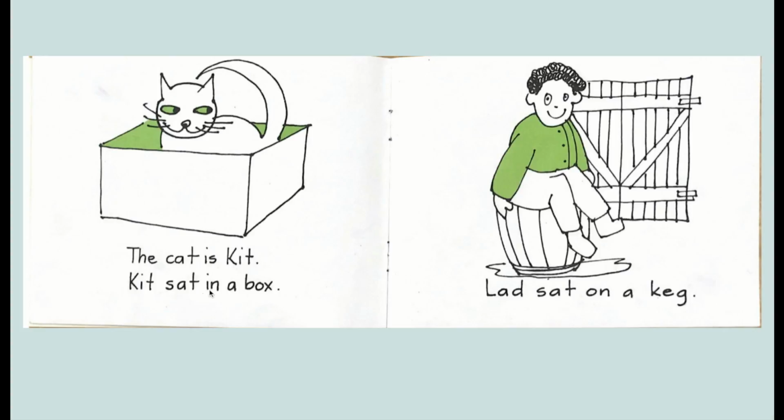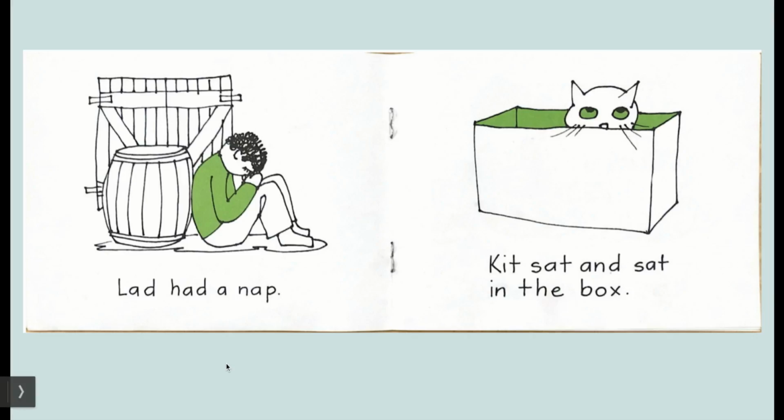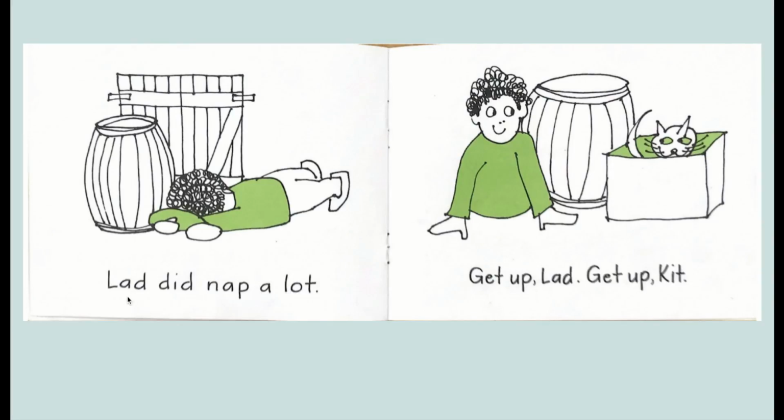Kit sat in a box. Lad sat on a keg. Lad had a nap. Kit sat and sat in the box. Lad did nap a lot. Get up, Lad. Get up, Kit.